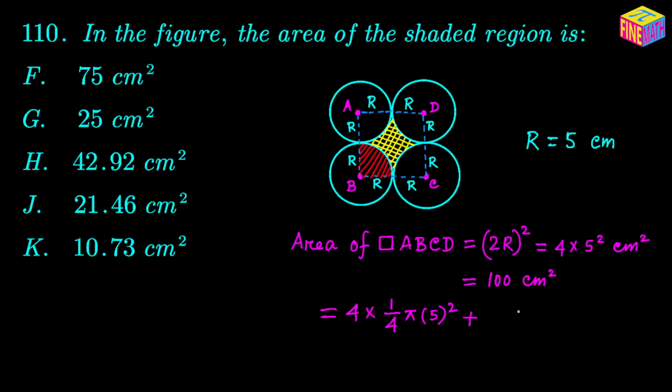Let's assume that the area of the yellow shaded region is A. So 4 quarter circle areas plus the yellow shaded region is equal to 100 square centimeters.